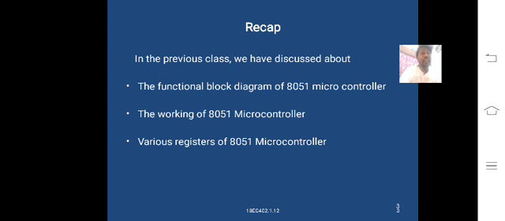These are the blocks observed in the 8051 microcontroller. In terms of memory, we observe the RAM or EEPROM, ROM, and internal and external memories, as well as the interrupt control block and external interrupts.